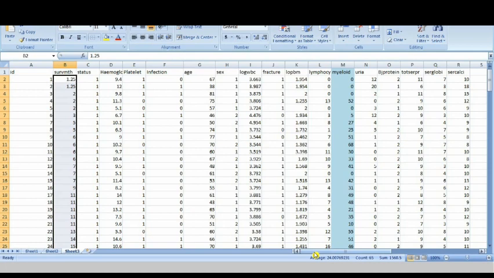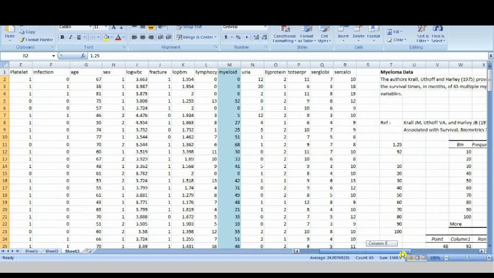So survival months is the important variable here. Then there are other variables: hemoglobin, platelet, infection, age, sex, low WBC counts, fracture, lymphocyte, myeloid. This is again one of the predictors of that disease, urea, base protein, etc. So there are several such values.